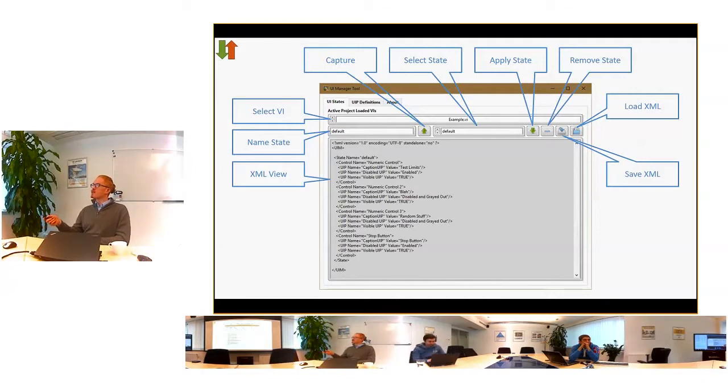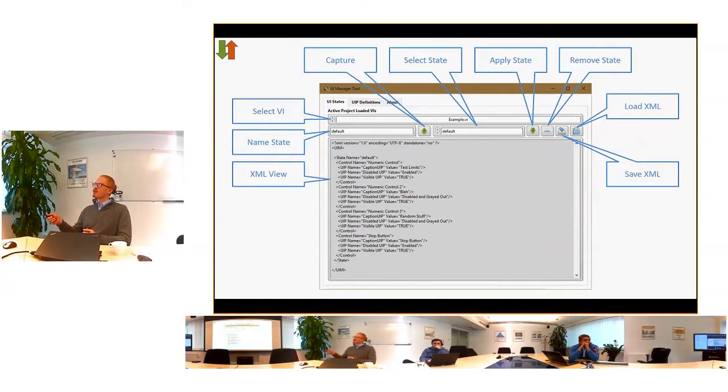So here you can see that the caption plugin was used, disabled enabled plugin was used, and the visible invisible plugin was used, and their values have been also captured using the tool. So then that means that you can essentially capture whatever properties you are actually working with, right?